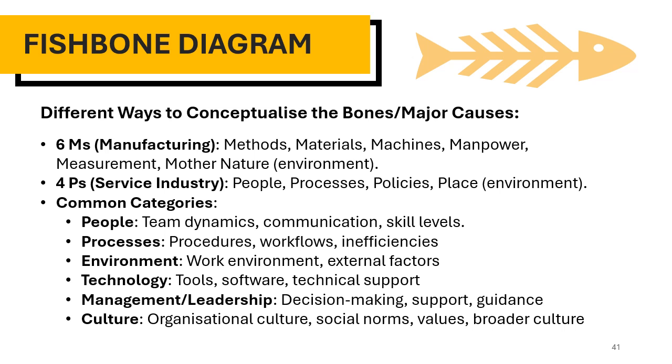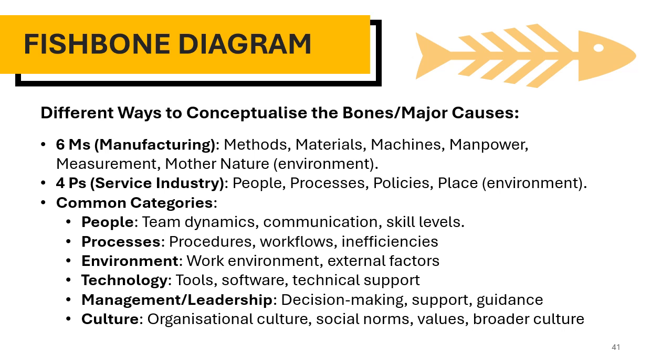There are a few different ways that we conceptualize the bones and the major causes on the fishbone diagram. The most common are the 6 M's, and that's usually used in manufacturing: methods, materials, machines, manpower, measurement, Mother Nature. 4 P's is the service industry: people, processes, policies, place.